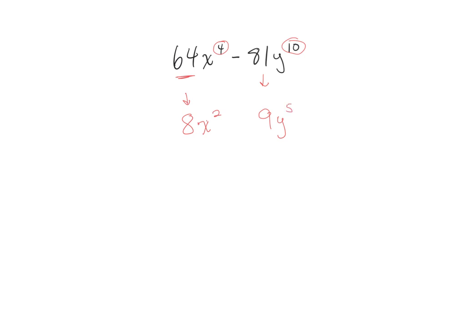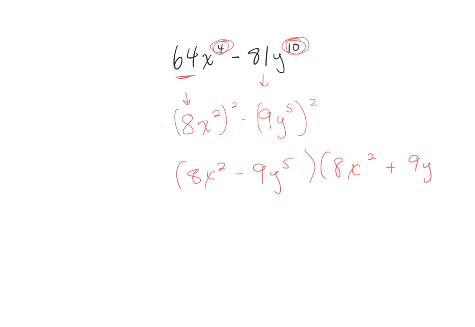If you just divide the powers by 2, you see what was squared to get those powers. They're even powers, so they must be terms that were squared. So we have 8x squared minus 9y to the 5th times 8x squared plus 9y to the 5th. That's the bonus problem. A little bit difficult, I know, but students do run into these type of problems.